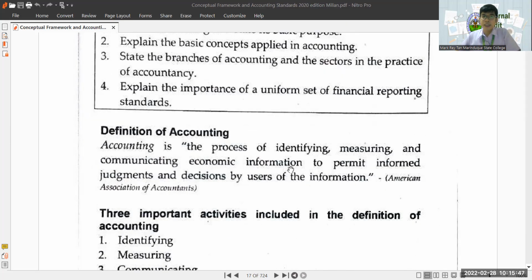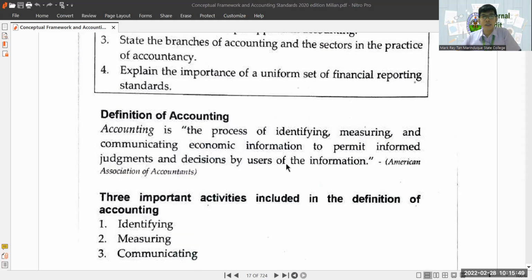Definition of accounting. There are so many definitions of accounting from different authors and from different institutions. But for this one, we're going to define accounting based on the American Association of Accountants. It defines accounting as the process of identifying, measuring, and communicating economic information to permit informed judgments and decisions by users of the information.